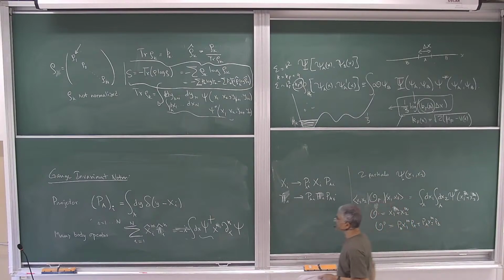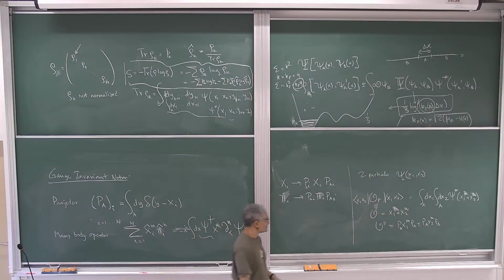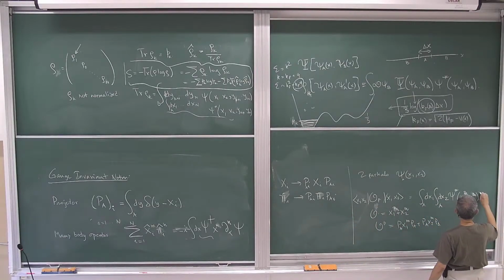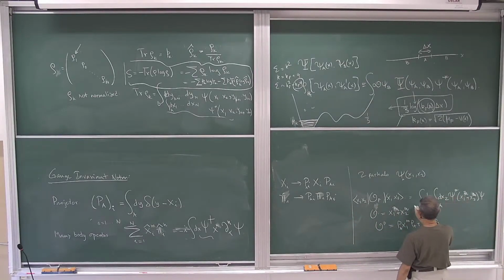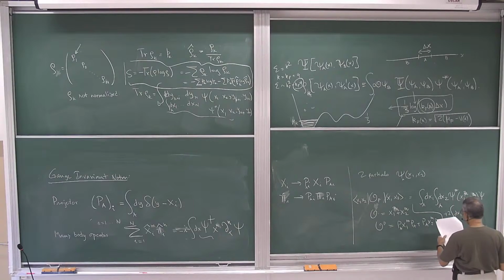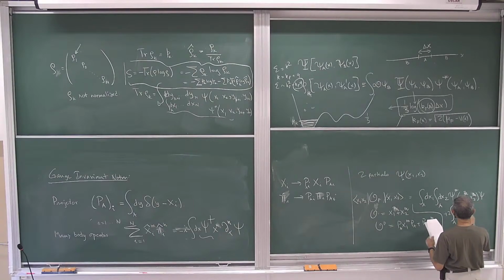Everything is explicit. This is written in terms of delta functions. Just plug it into that expression, and this is what I claim the result is: psi star psi, integrating dx1 over A and dx2 over B.